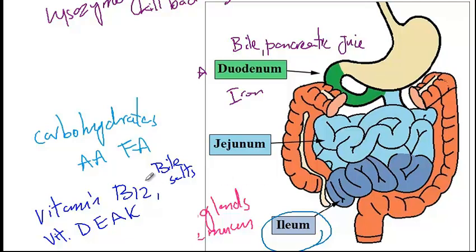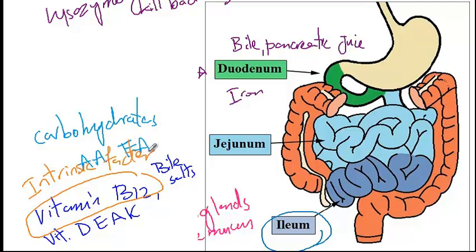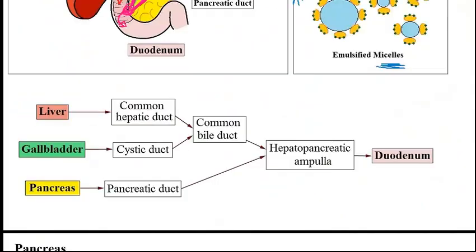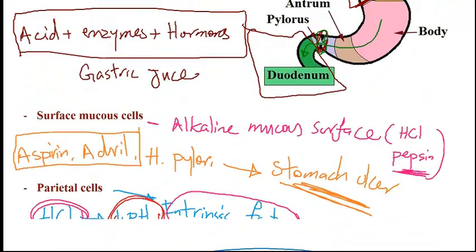Now I'd like to remind you that for the absorption of vitamin B12, we need the intrinsic factor, which is produced by the parietal cells. So here the intrinsic factor that is bound to vitamin B12 helps with the absorption of this vitamin. So let me show it to you right here.